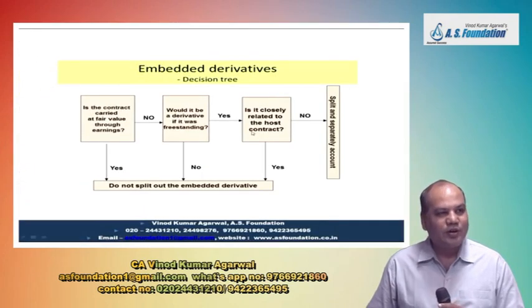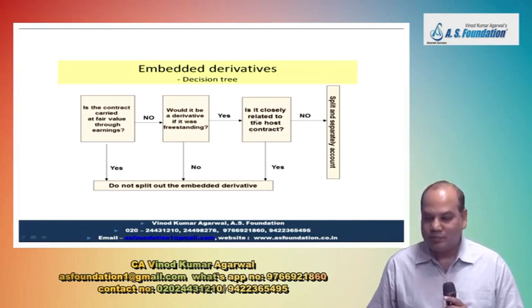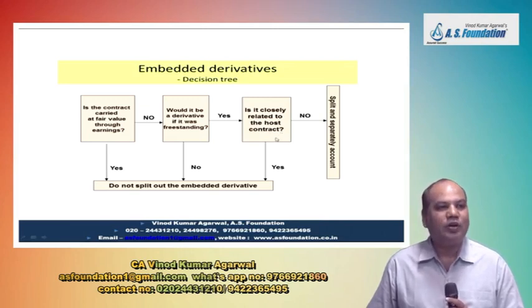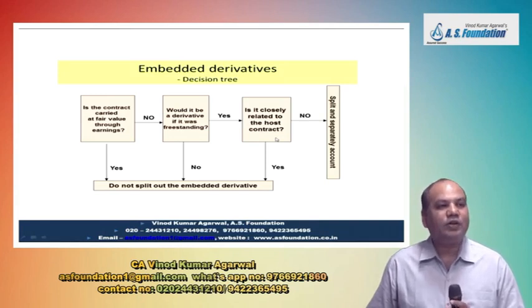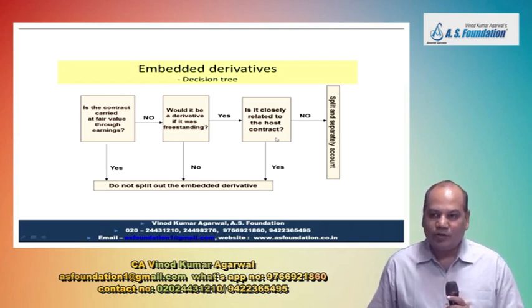So are they closely related? Option to convert into equity share and the host contract debt instrument, are they closely related? Are the factors affecting the price of equity share the same as factors affecting the price of bond? No. So they are not closely related.